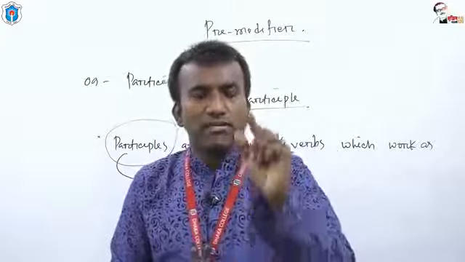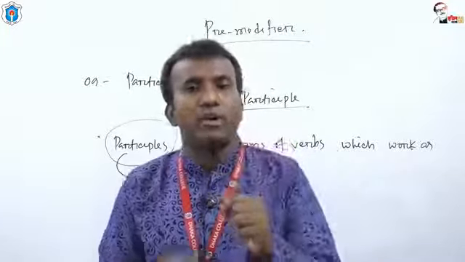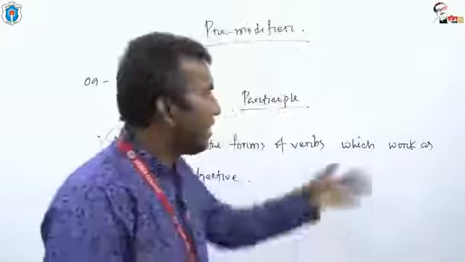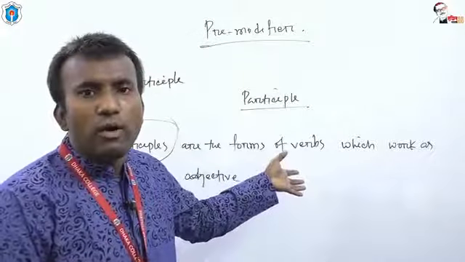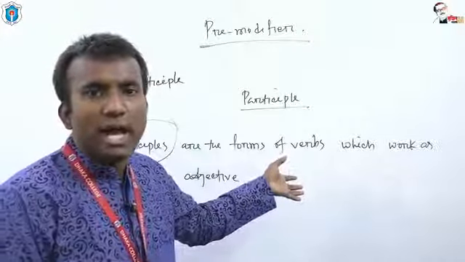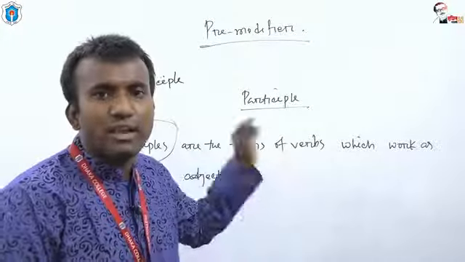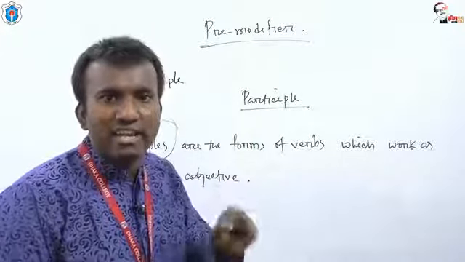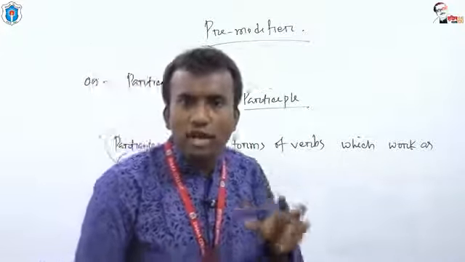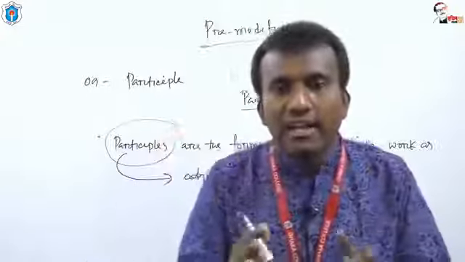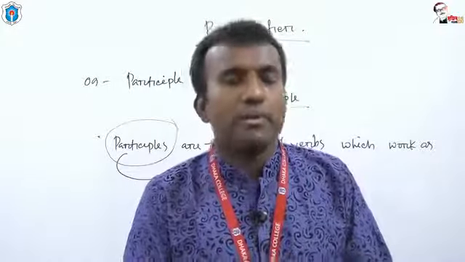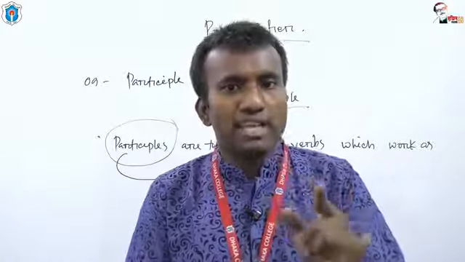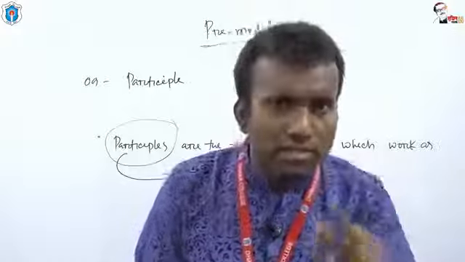Is it clear? I am going to give you one example by which I will try to prove that verbs can also work as adjective. The form of verb which works as adjective is called participle.